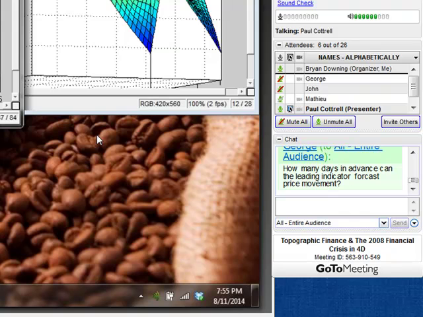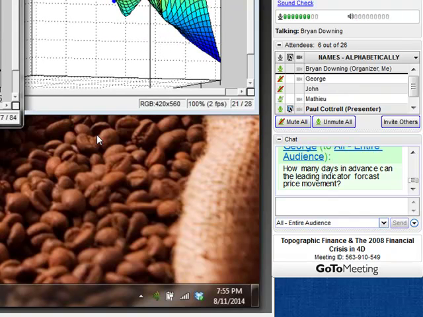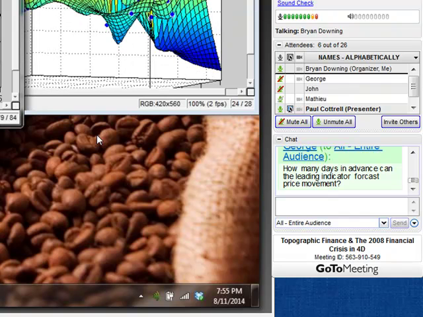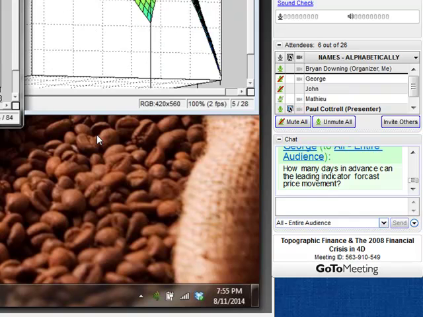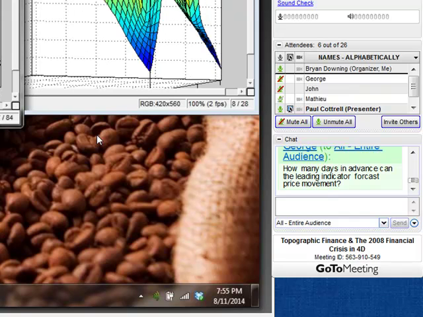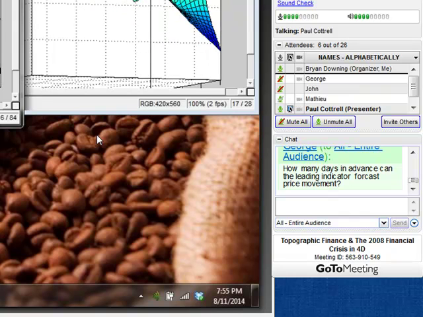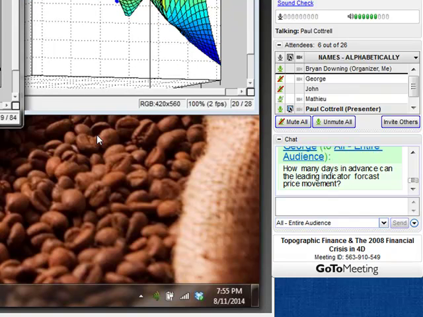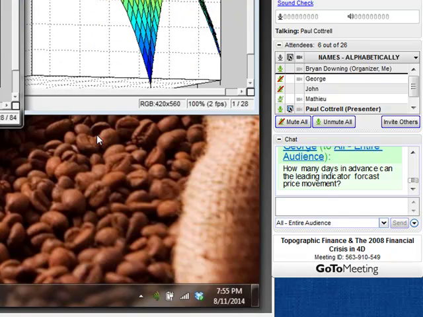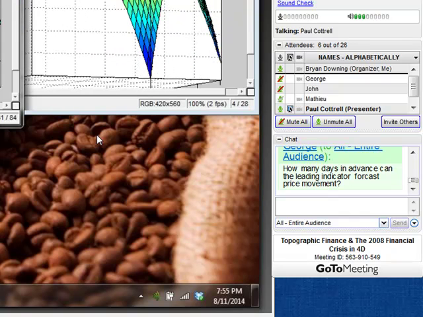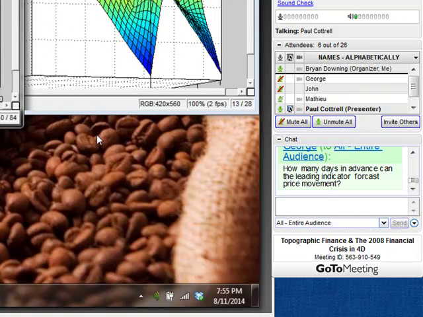So I'll take that question. As George asked, how many days in advance can the leading indicator forecast price movement? Well, the leading indicator depends on the variable you're looking at and the way you parameterize it.